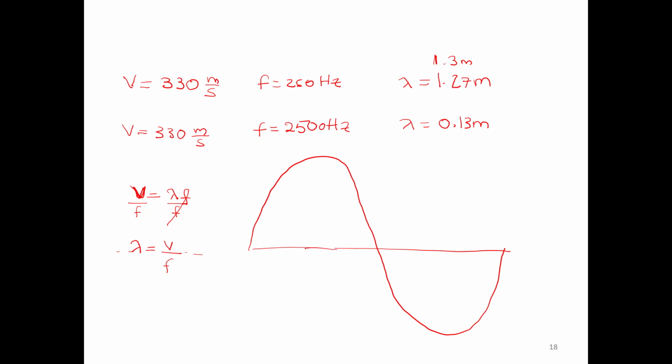And this is if the wavelength is about 1.3 meters. Then the wavelength compared with this will be 10 times less.